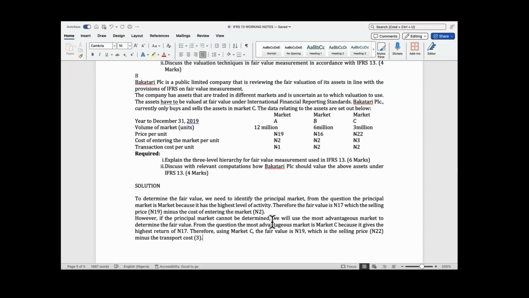So from the question, the most advantageous market is C because it gives the highest return. And I'll say therefore, using market C, the fair value is 19 naira, which is 22 naira minus 3. So I didn't deduct transaction cost. Okay.